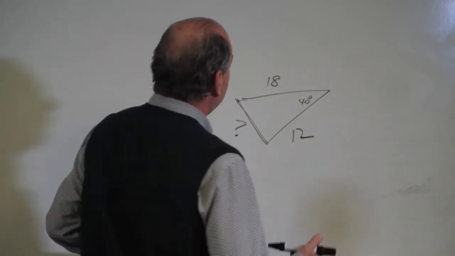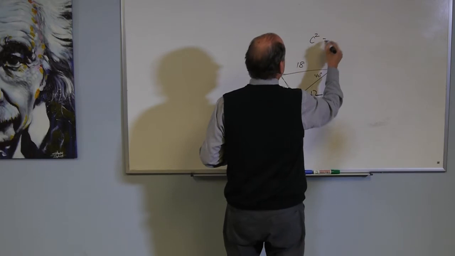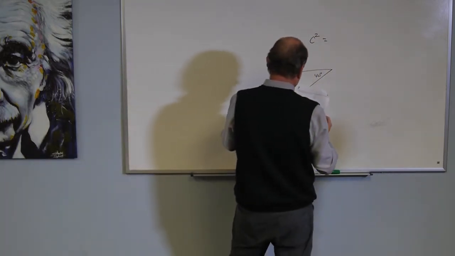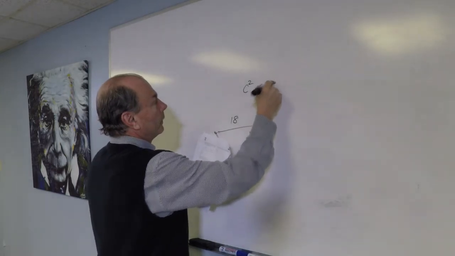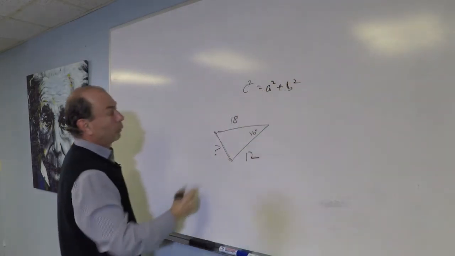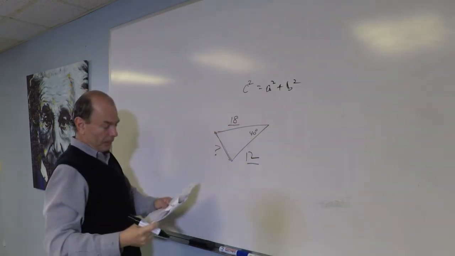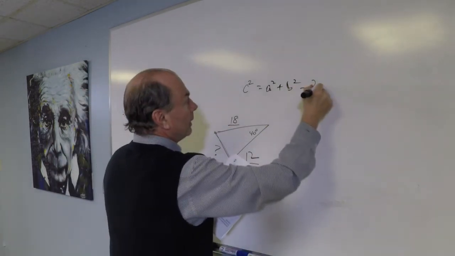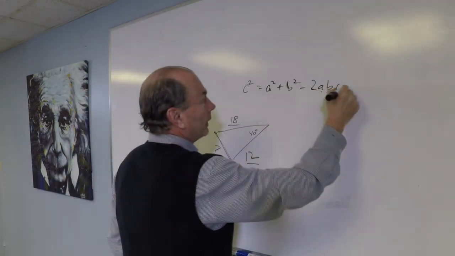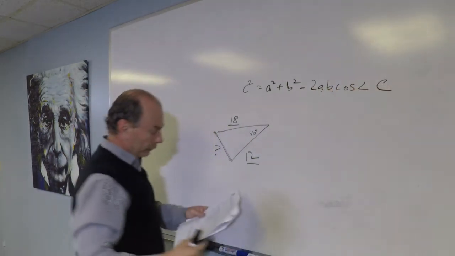But if we use the law of cosines, the small c is a length, and we are looking for a length, equals the other lengths squared and added up, a squared plus b squared, those are the other lengths, which we know, minus 2ab, again, just the lengths themselves, which we know, times cosine angle C. And guess what?